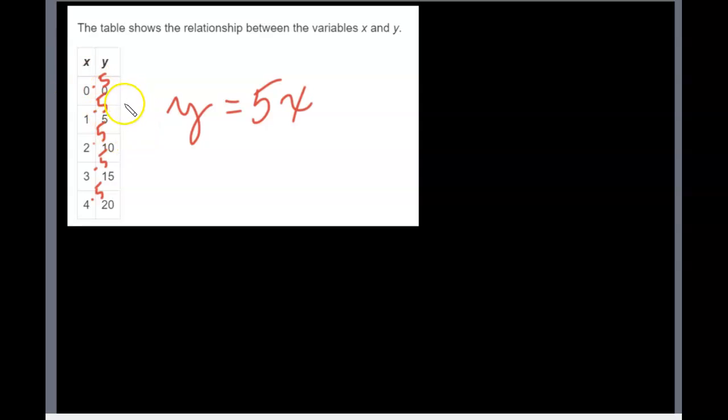There's other patterns you can see here. Like if you look down the column of y values, it's going up by 5, plus 5, plus 5, plus 5. And that's because the x values are going up by 1, plus 1, plus 1, plus 1. But the equation you want to get from x to y is not x plus 5. This is the mistake a lot of people will make.